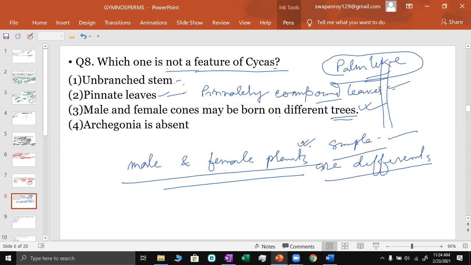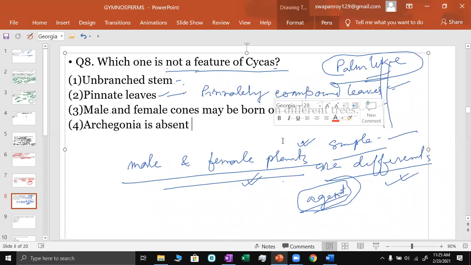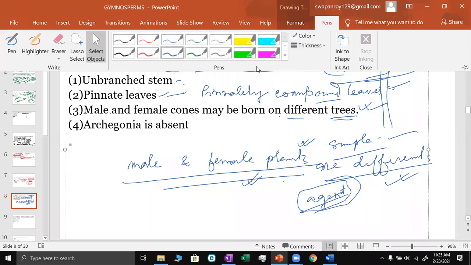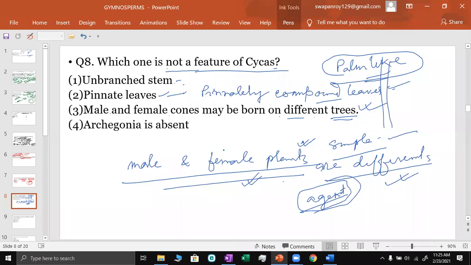They do not increase their population quickly, because male and female plants are different and pollination requires some agent. So it is not that advantageous for the cycas plant. Most of the cycas plants we see are mainly female plants.